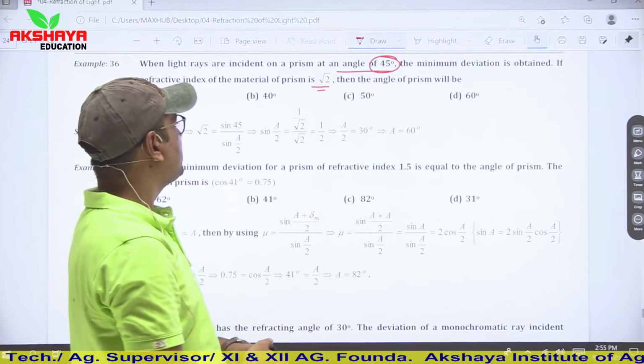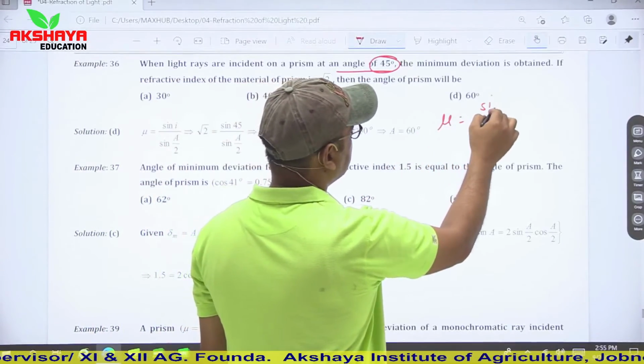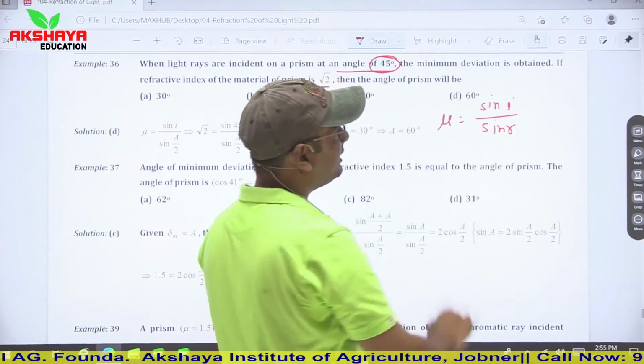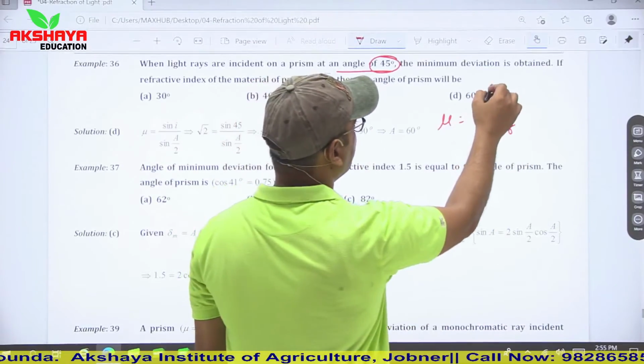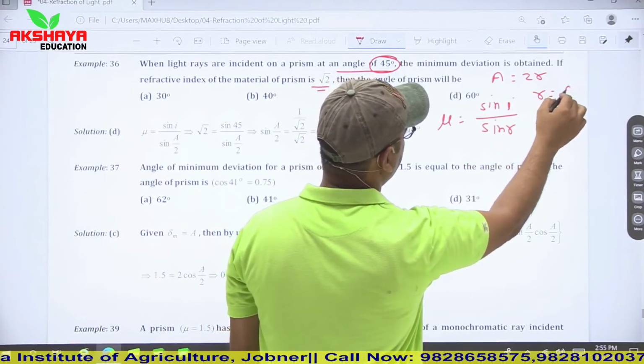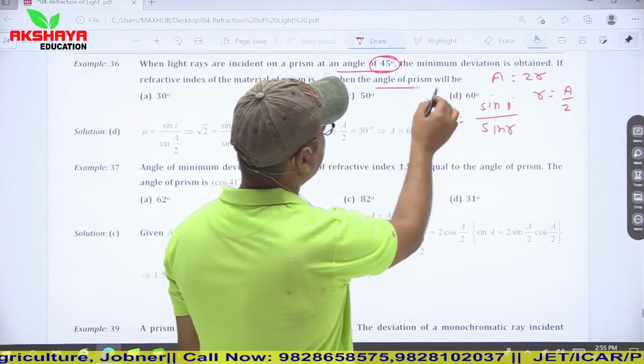angle of incidence i. So we know the formula, mu is equal to sine i upon sine r. And here in case of minimum deviation, we know that A is equal to r1 plus r2, means 2r, so r is equal to A by 2. So angle of prism has to be calculated.